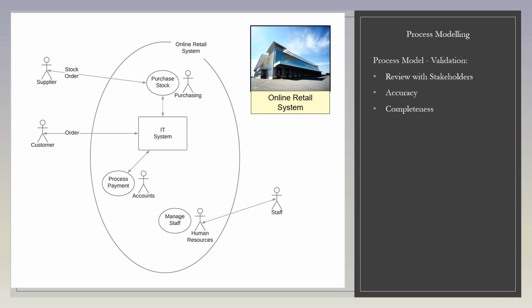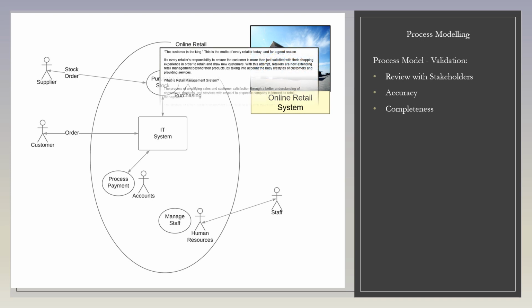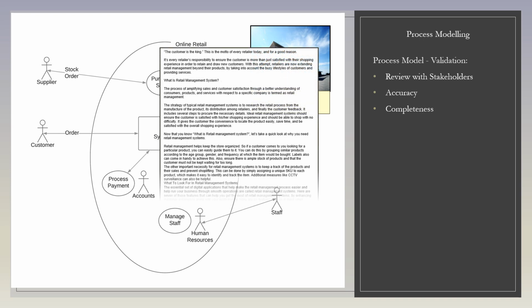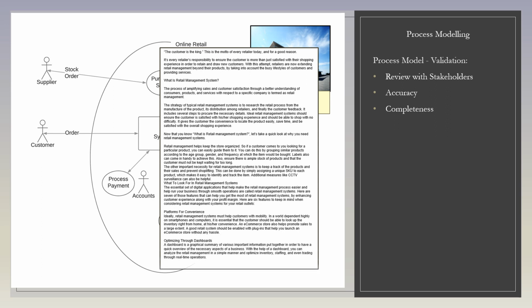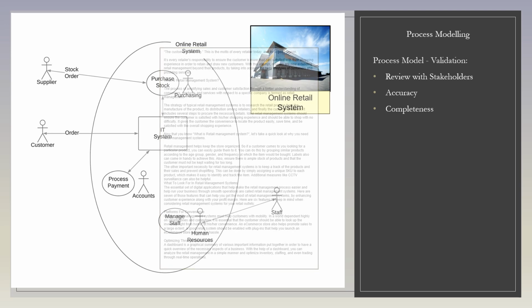An essential part of business analysis is to validate these models with business stakeholders to ensure that they are accurate and complete. Imagine that you had a choice between using a diagram or the same system represented purely as text. Which would be easier to use? Well, in my opinion, clearly the diagram.